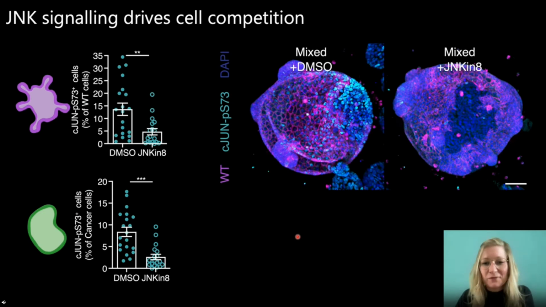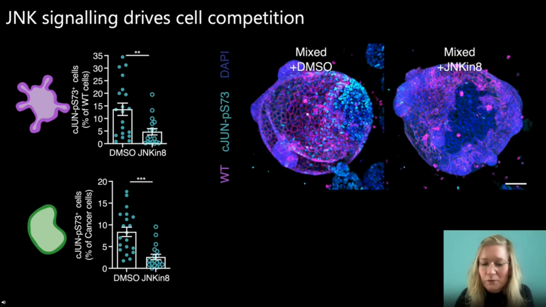However, treatment with a small molecule inhibitor targets both cancer cells and wild-type cells. And indeed, when we have a look at phospho-cJun in these populations, we see that treatment with this inhibitor completely abolishes the staining with this phosphospecific antibody in wild-type cells, also shown here, but also in the cancer population, shown here.